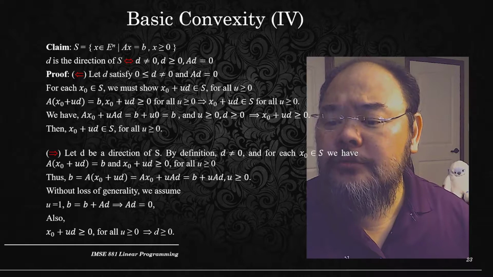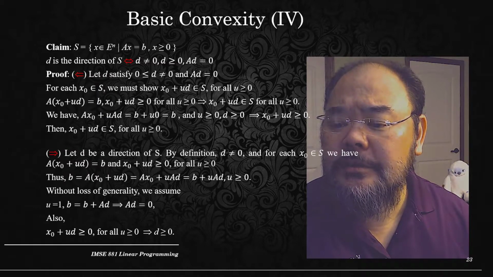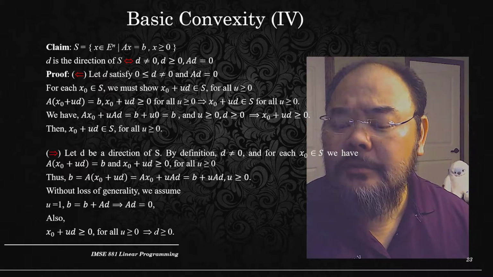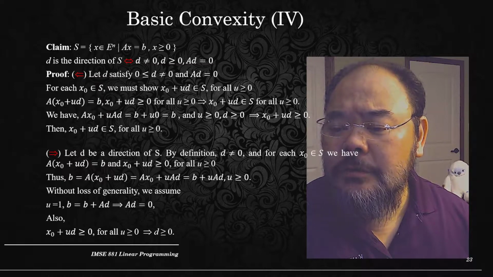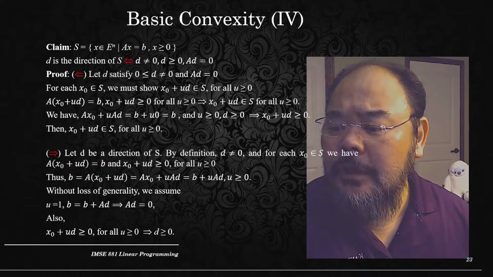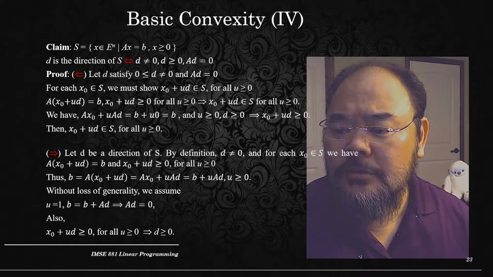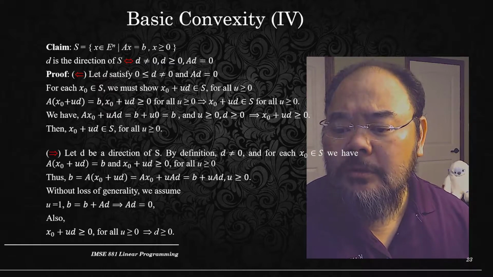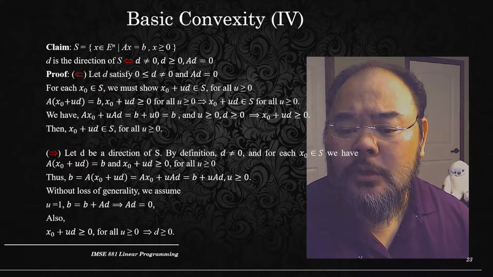We decided to prove the reverse direction first. So first assume D satisfies the conditions: D is greater than or equal to 0, not equal to 0, and A times D equals 0. Based on the definition, for each x naught belonging to S, we must show that all the rays starting from that vertex also belong to S, for all u greater than or equal to 0.